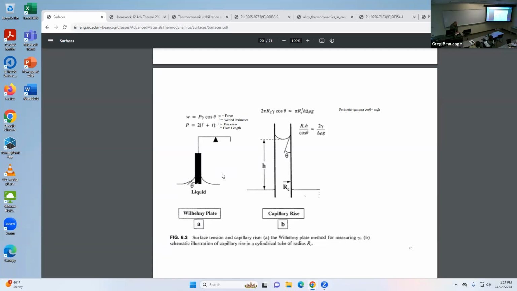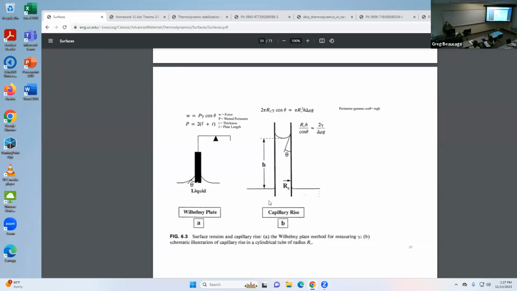Oh, no, wait, there's a size term here. I guess it's the other way around. It's delta H by sigma. So it's consistent with the Gibbs-Thompson.